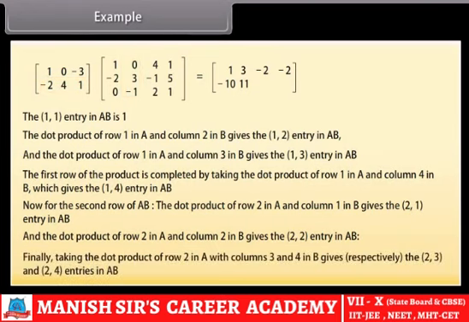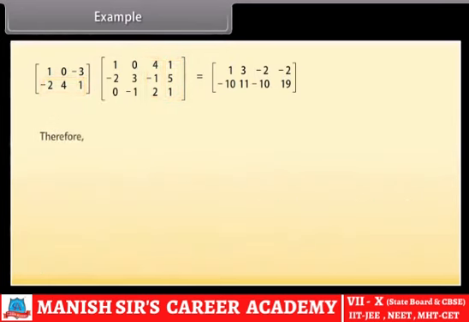Finally, taking the dot product of row 2 in A with columns 3 and 4 in B gives the 2, 3 and 2, 4 entries in AB respectively. Therefore, AB is the matrix, row-wise: first row 1, 3, -2, -2, second row -10, 11, -10, 19.